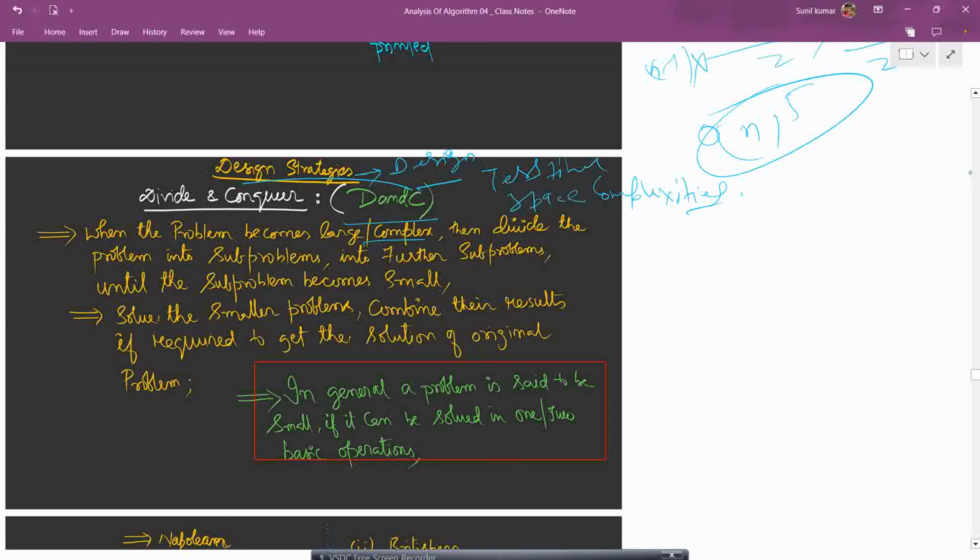Solve the smaller problems, and combine their results if required. This is the important case: combine the results only if required to get the solution of the original problem. So here we will combine the solutions only if they are required. It is not necessary to combine all the solutions.